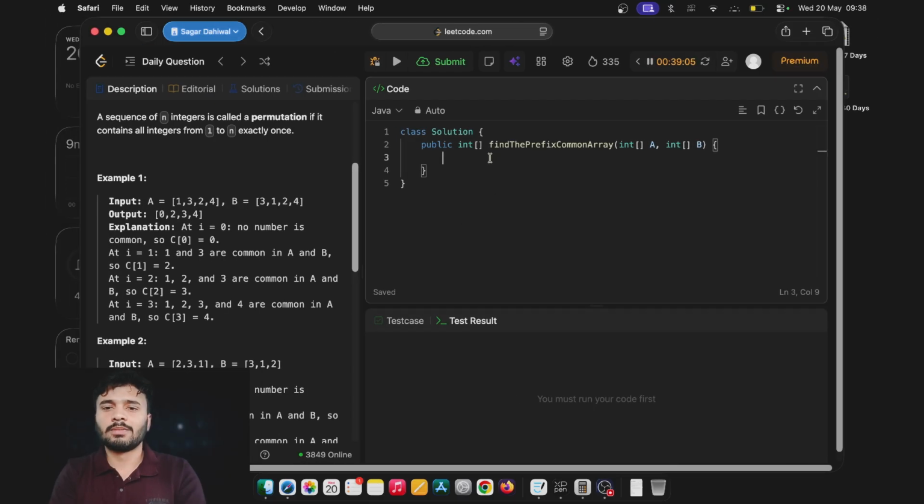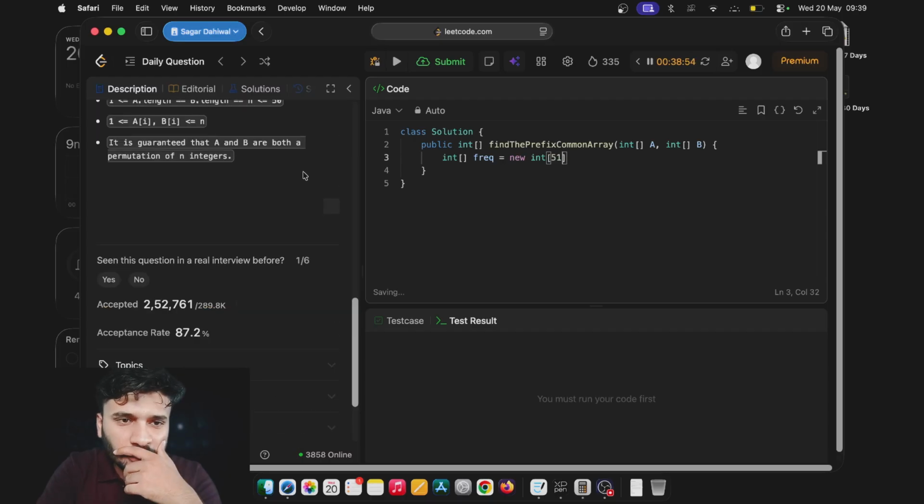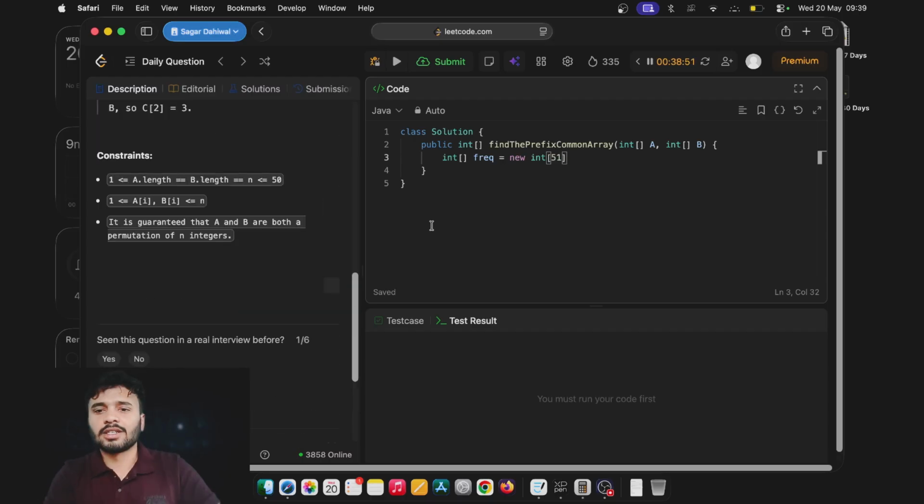So there will be a frequency array, new int of size 51, since it's mentioned there are at most 51. And our answer array.